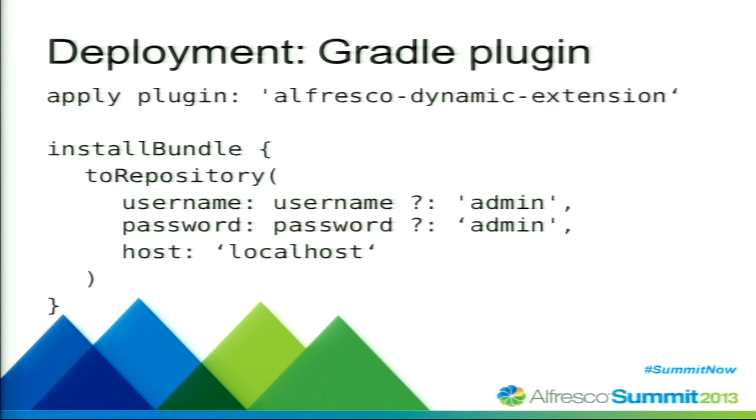Of course, we need the login for our Alfresco, for a local development machine, admin, no problem. And it's running on localhost in this case. You can also do it manually. There's a web interface which allows you to upload it. But as we saw in the demo, this allows you to very quickly iterate in your development, and in 2 seconds' time you can compile your extension and test it in a running Alfresco.